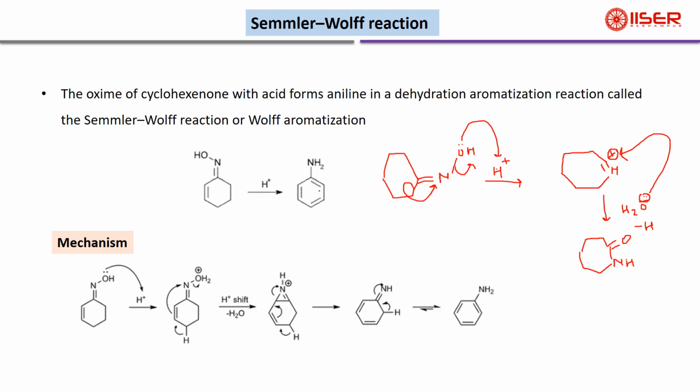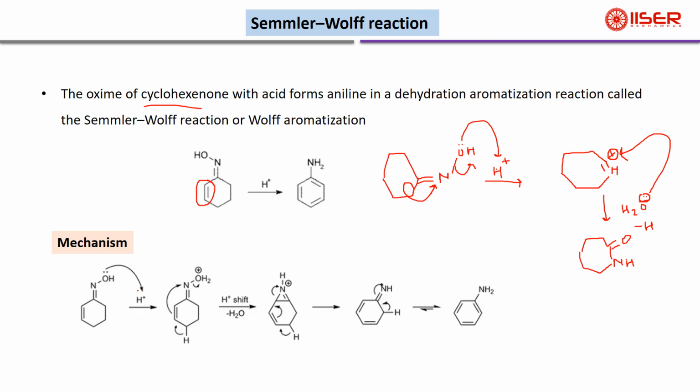In the case of this alpha-beta unsaturated cyclohexanone, it has to be a cyclohexanone. If there is a double bond at this place, then this type of migration does not take place. Before this migration is possible, this double bond migrates by itself because it is in conjugation.